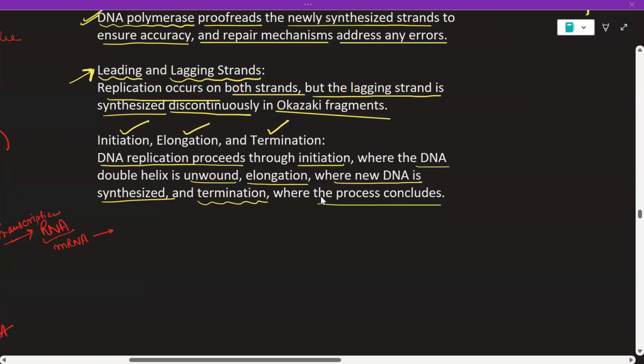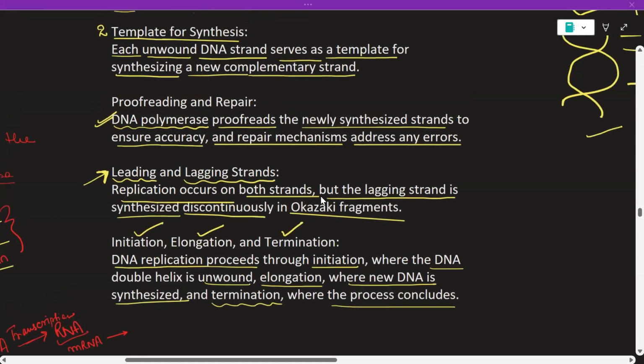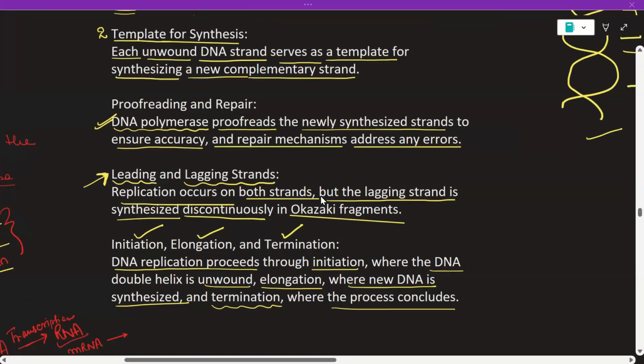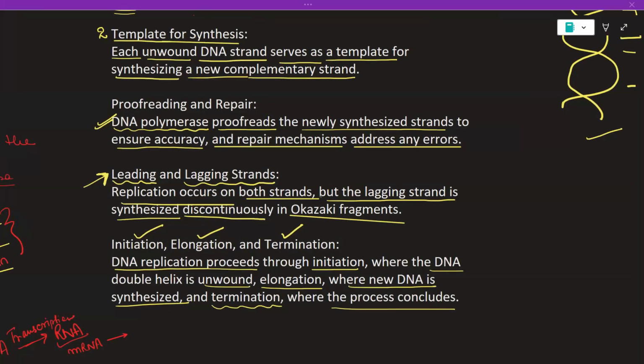When we talk about the enzymes in DNA replication, once the termination is completed, the leading strand will be taken out as it is, but the lagging strand, the discontinuous strand, with the help of DNA ligase, will be joined and made one long strand.